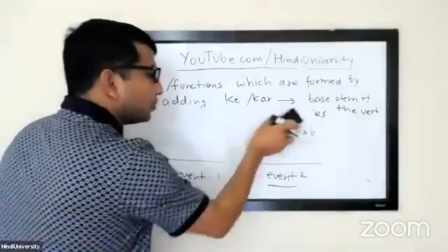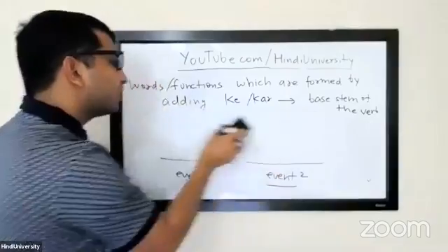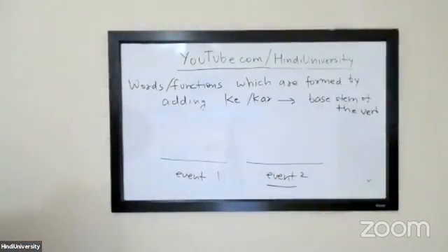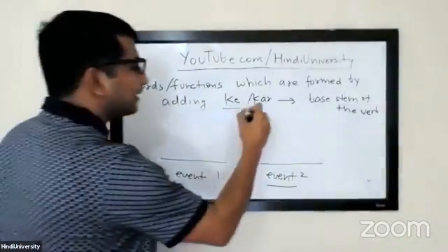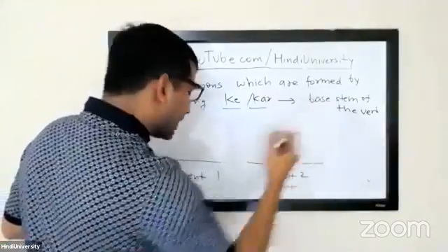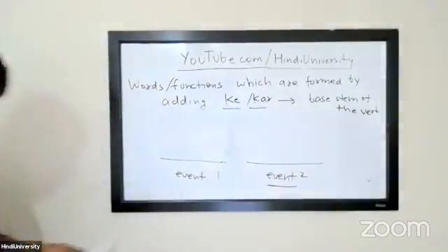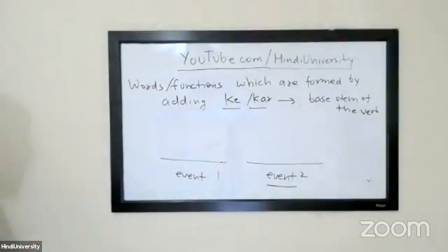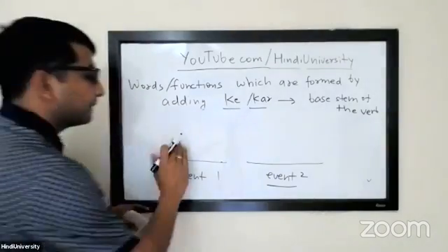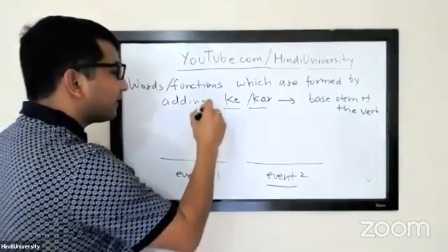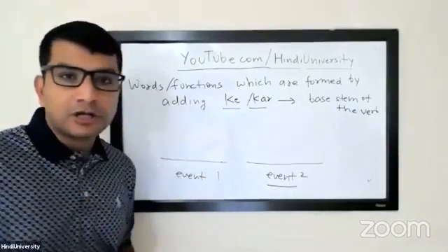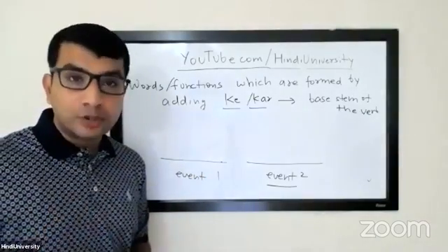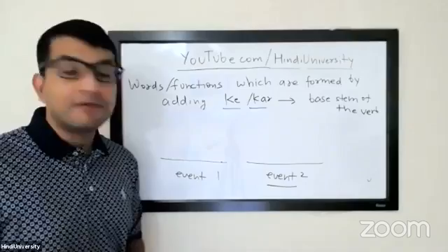So what do you mean by base stem of the verb? What do you mean by k and kar? Nothing makes sense. So imagine you have the verb jana. You want to say, मैं India जाकर, after going to India, I will travel.